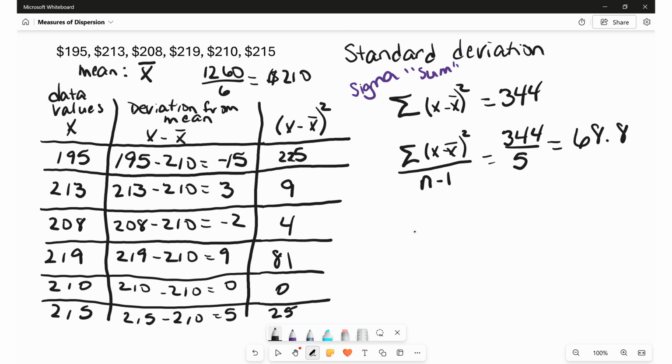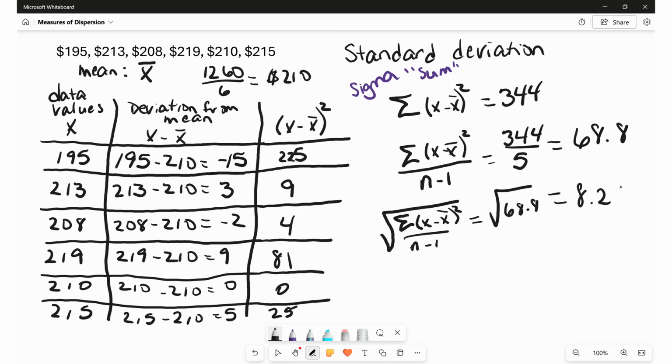Now, in order to standardize the deviation, we now need to take the square root of the sum of our deviations squared divided by n minus 1. So that's going to give us the square root of 68.8, which is going to give us approximately 8.29.